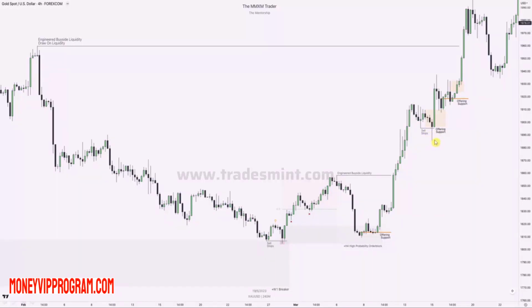So this is what you want to see when you are bullish, and you want to see that engineered liquidity above market price, which is over here, right? We have these failure swings up here. So there's buy side liquidity, right? High resistance liquidity run. And then in the process of that high resistance liquidity run, we're forming a high probability order block.